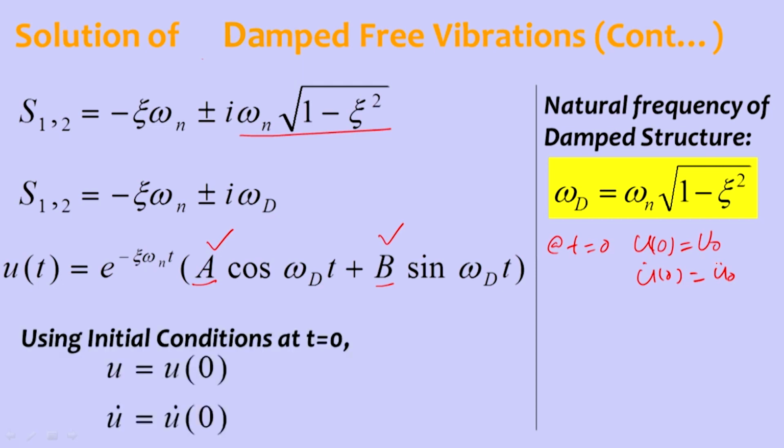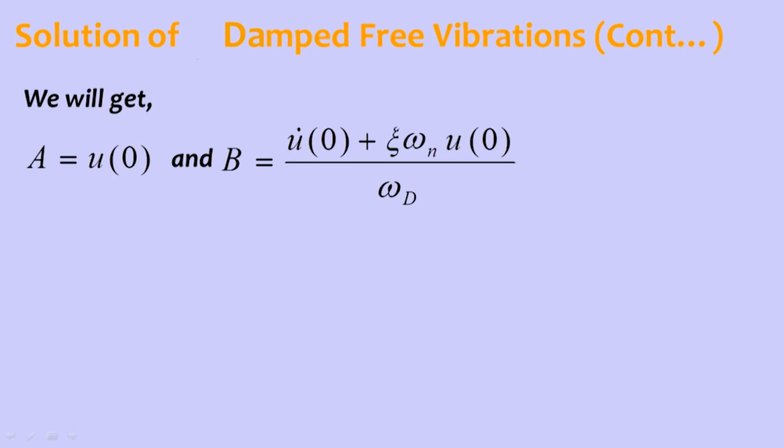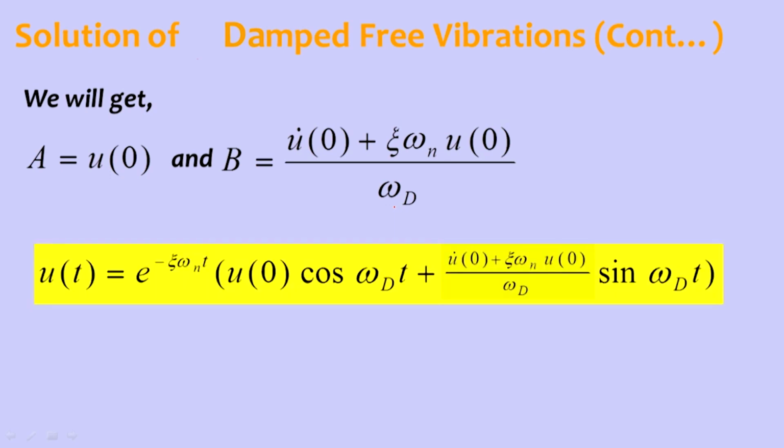If we use them, we get a as u0, so the constant a is equal to the initial displacement. And if we substitute u dot, we get the constant b equal to (u dot 0 plus zeta omega n u0) divided by omega d. Omega d is the damped natural frequency.